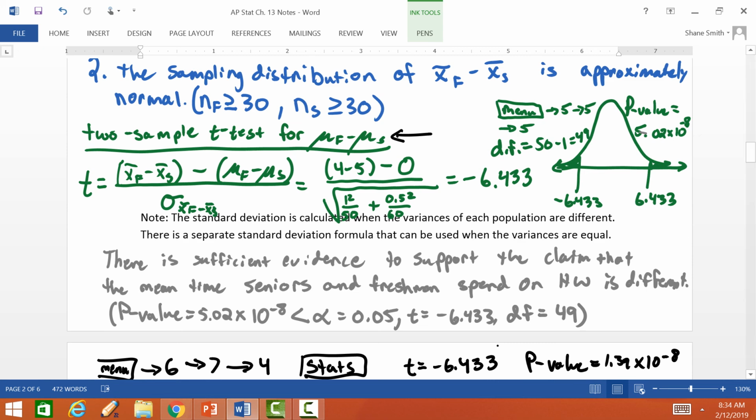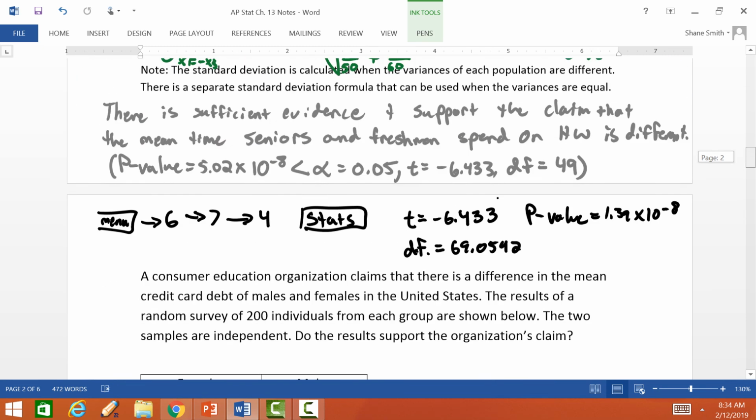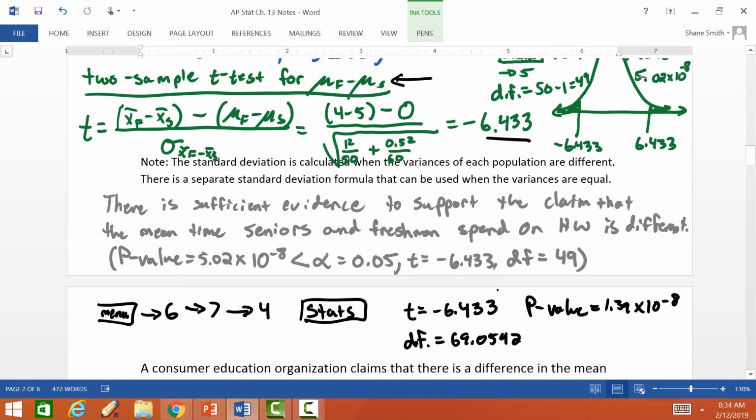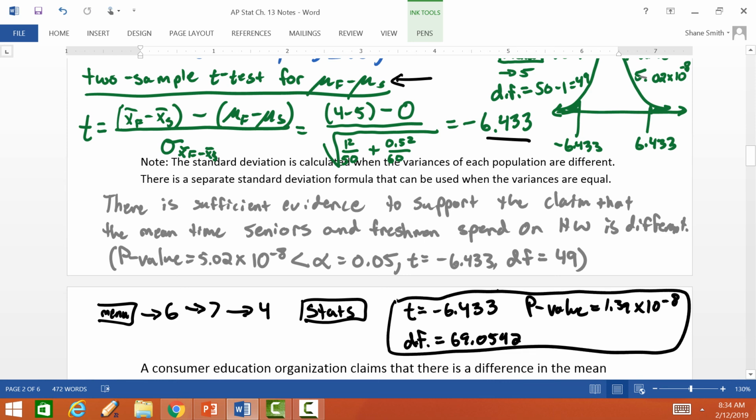I would write down the t-score, the degrees of freedom that it gives me, which remember was 69.0542, and the p-value. After the name of the test, I would write down all this, and that's totally okay. You don't have to show the work for all this because you're putting it in the calculator anyway. So that is how you do the t-test using the calculator, and then we have our conclusion stated.